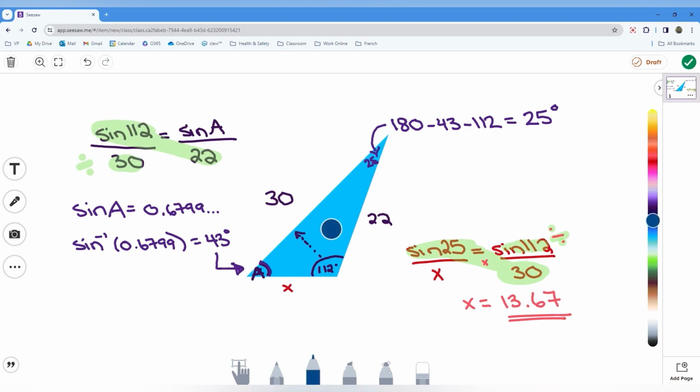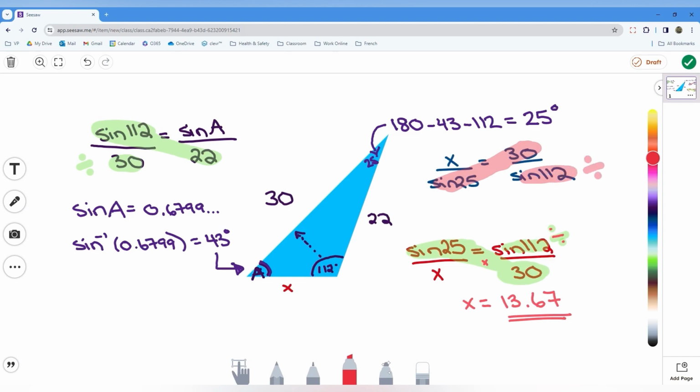Would it have mattered if I did it this way and did x over the sine of 25 is equal to 30 over the sine of 112? No, it does not, because you will once again notice that the stuff that I'm multiplying does not change. They are still diagonal. I would still be dividing by the sine of 112.